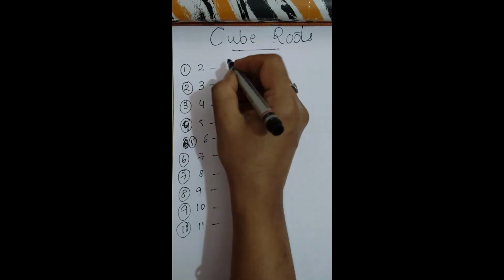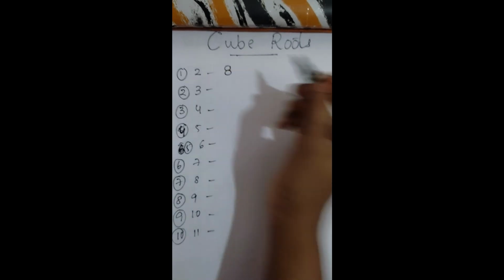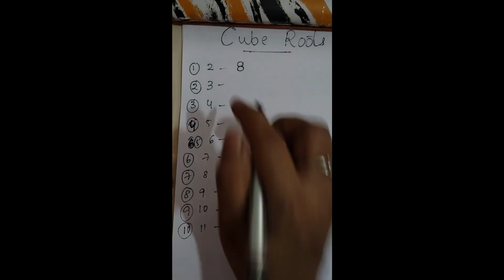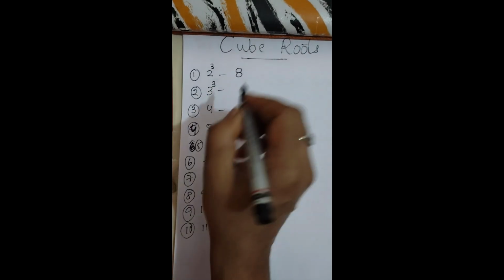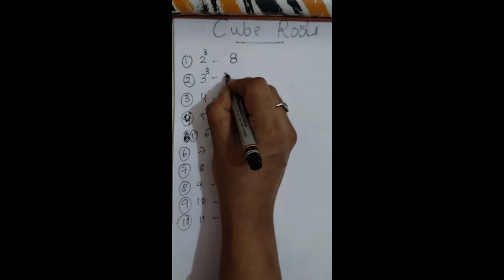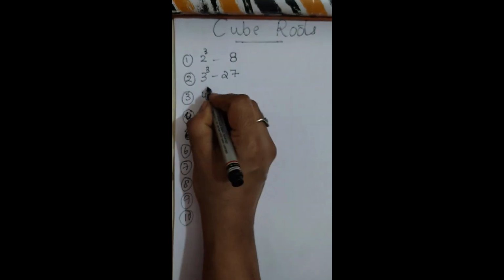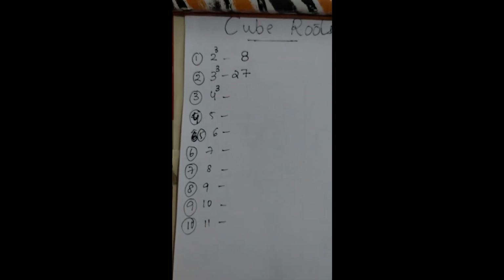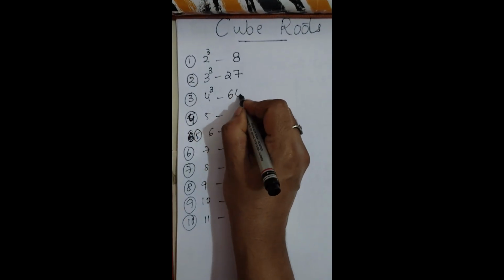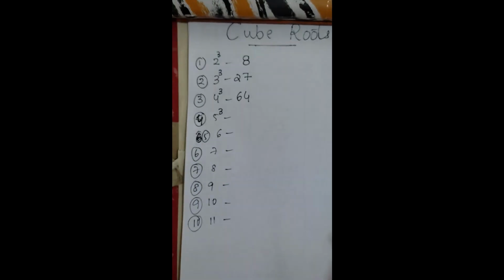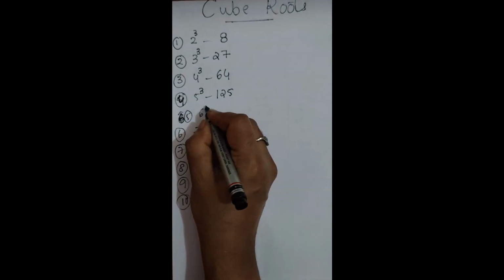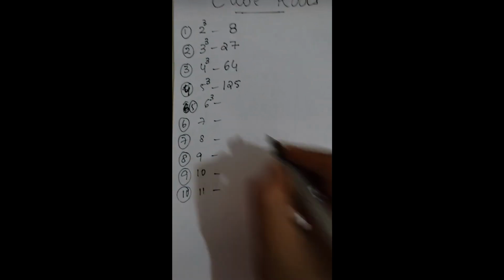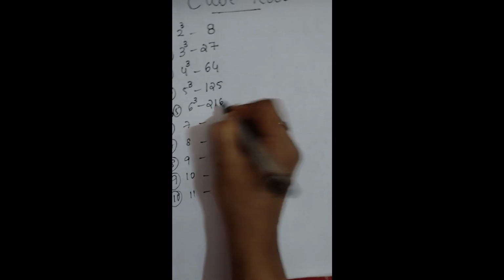Yeah. So just for your reference purpose, cube of 2 is 8. Cube of 3 is 27. Cube of 4 is 64. Cube of 5 is 125. Cube of 6 is 216.